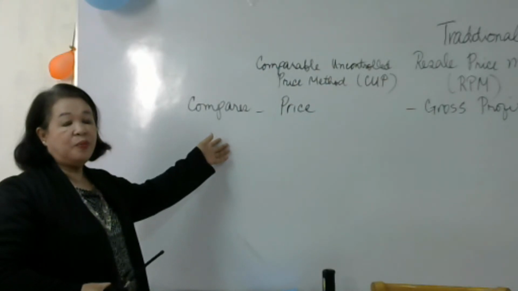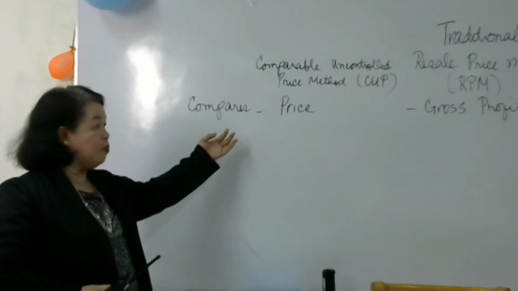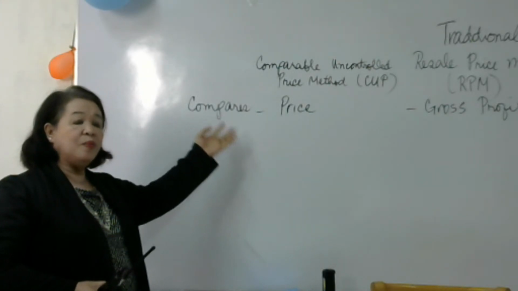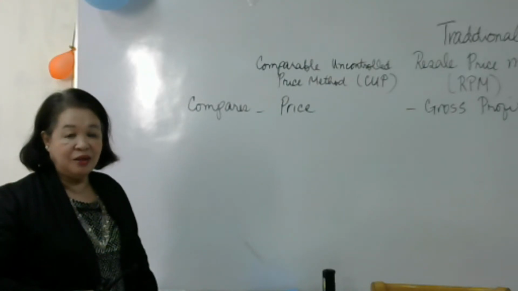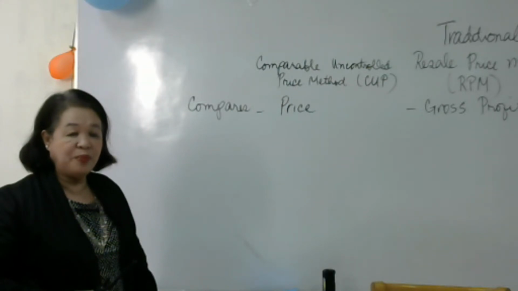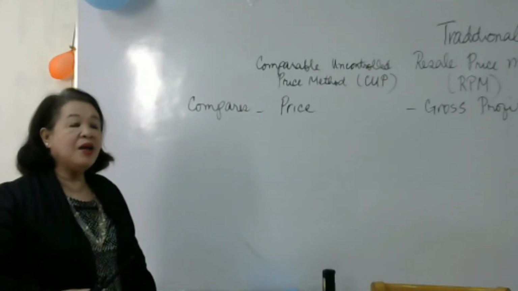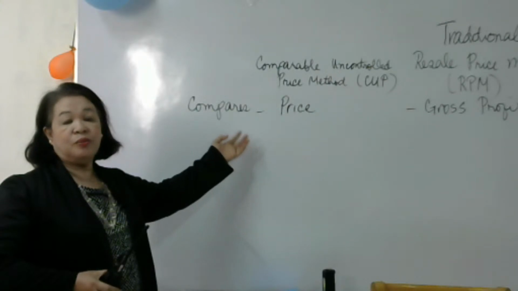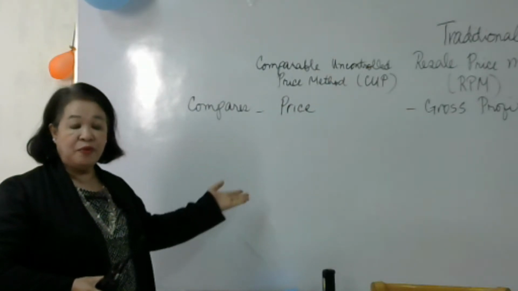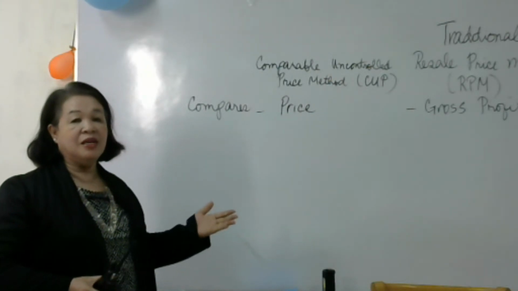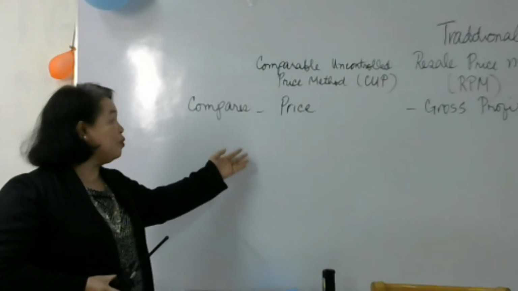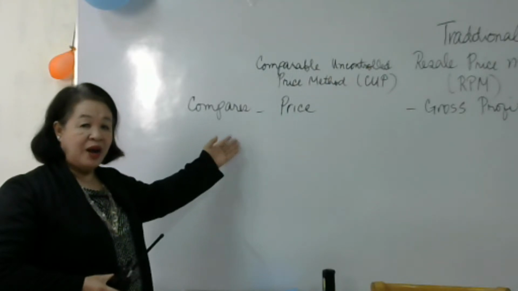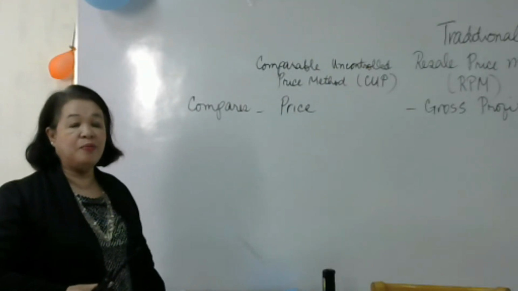So, what do we compare in this first method? We have to compare the price. When you compare the price, you should have information about the price of the product produced by the taxpayer. And of course, to use the comparable and controlled price method, you also need the price information of the product of the independent party that sells or produces the same product as your tested party.